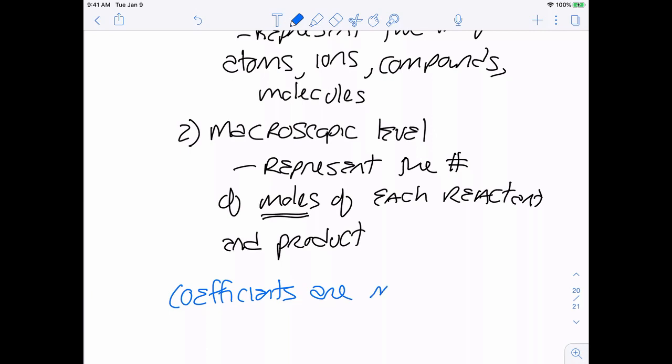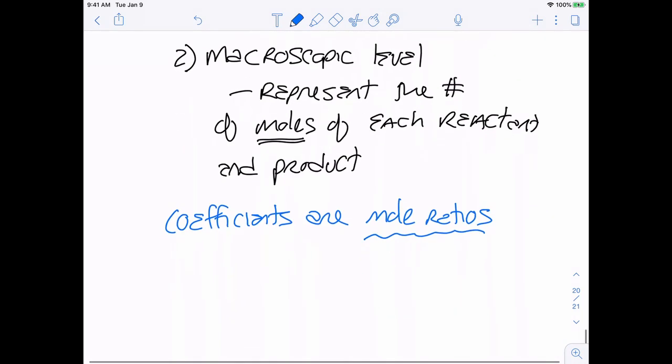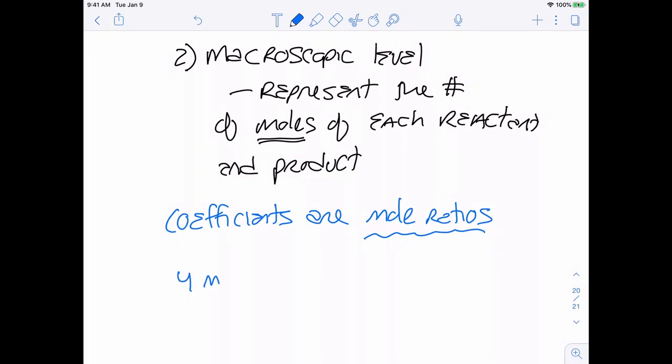are mole ratios. Basically, how many moles of everything do I need for my balanced equation? So in this equation, 4 moles of iron, and I'm just going to put equal signs, right?